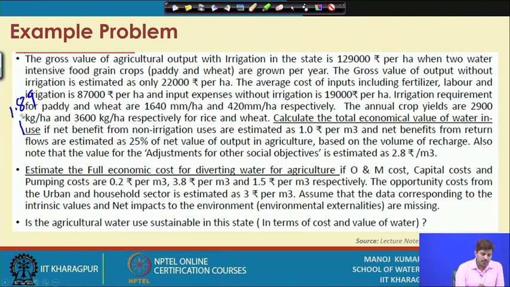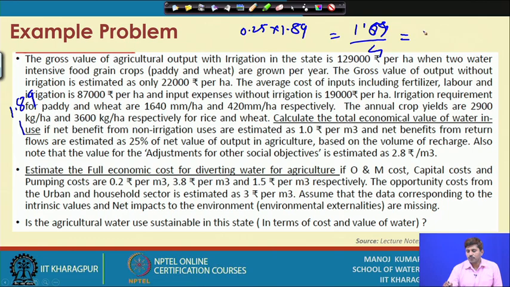So basically 25% of 1.89, that is 0.25 times 1.89, which is 1.89 by 4, which is around 0.47. So 0.47 is coming from here, and then the adjustment for other social objective is 2.8. The summary of this is going to be the net gain.